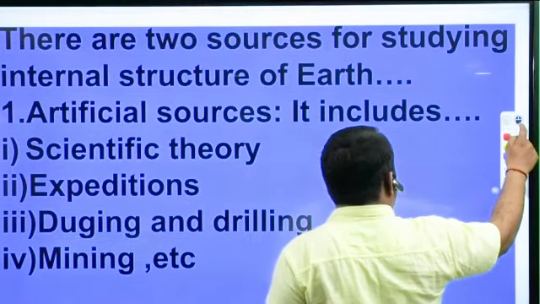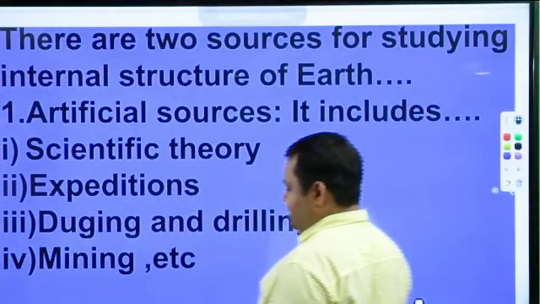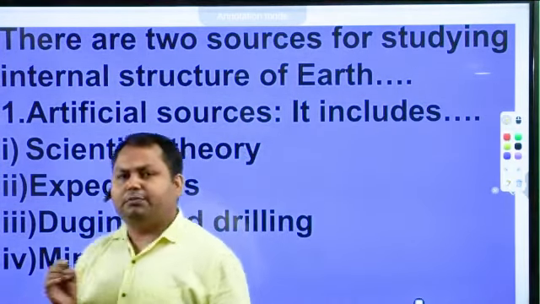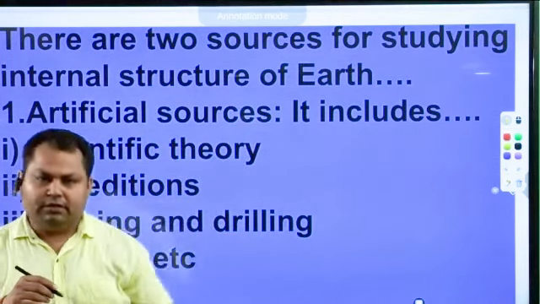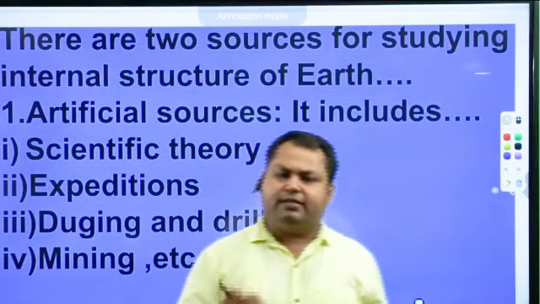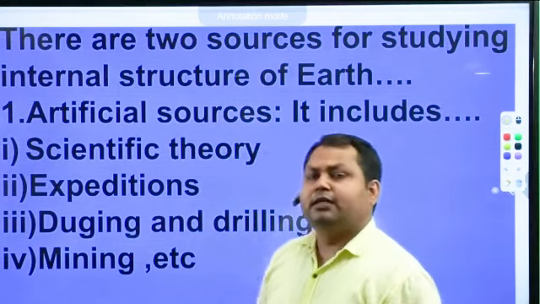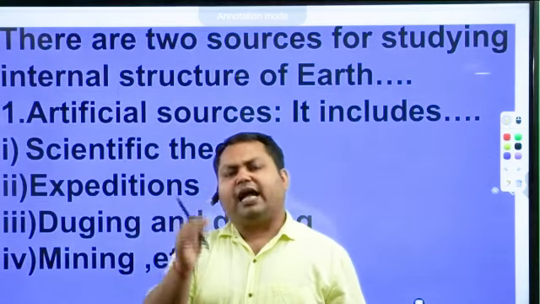Mining is probably one of the most important factors to explain the internal condition of the Earth, because mining has been done since ancient times until now, and we can realize the presence of minerals inside the Earth. With increasing depth, minerals become heavier and denser.